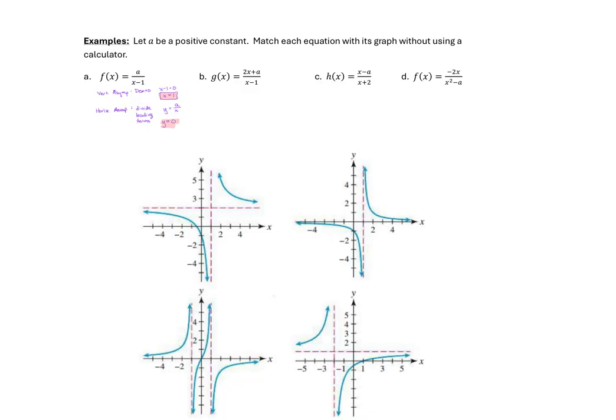And so for our vertical asymptote of 1, we have our first graph, top left graph, and we have our top right graph. Now, we have a horizontal asymptote of y equals 0, and that's the x-axis. And so the top right, this is going to be the graph of example A.